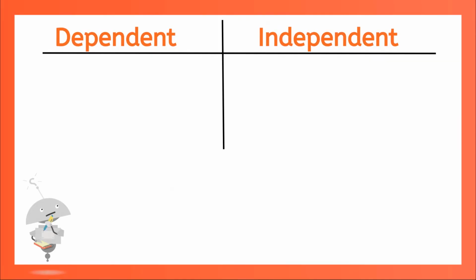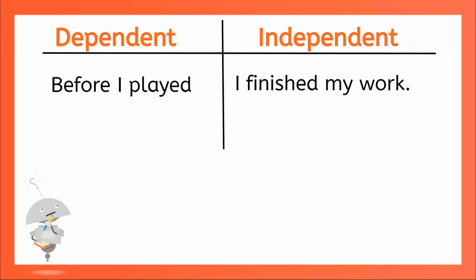We'll practice another way. Let's start by thinking of a dependent clause. It'll need a subject and a verb like, "I played." And then it will need to begin with a subordinating conjunction like before. Now let's think of two independent clauses. Two things I might have done before I played. Maybe I finished my work and I did my chores.